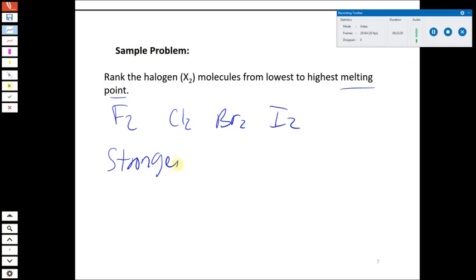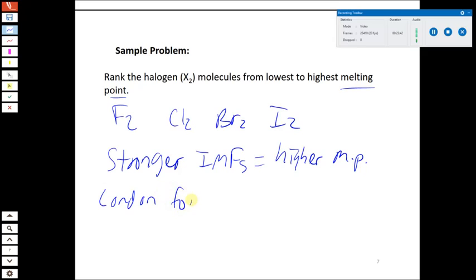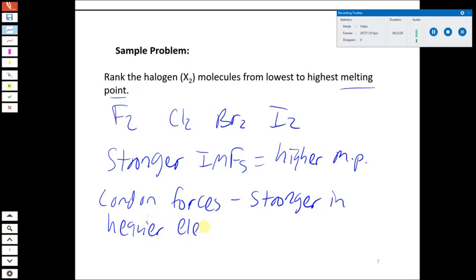So stronger intermolecular forces correlate with a higher melting point. And as we just said, London dispersion forces, which is all these are going to have if they're nonpolar, are stronger when you have heavier elements.